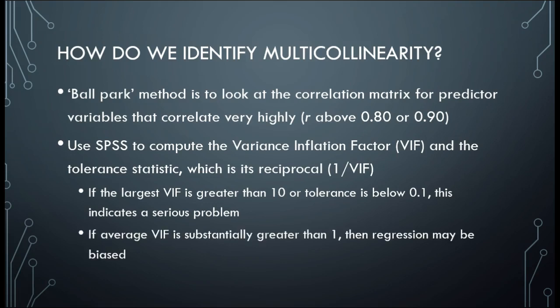If your average VIF is substantially greater than 1 but maybe below 10, then there may be a bias in your regression coefficients. And if your tolerance is below 0.2 but above 0.1, then that also may indicate a potential problem with multicollinearity. So these are objective ways for you to look at it.